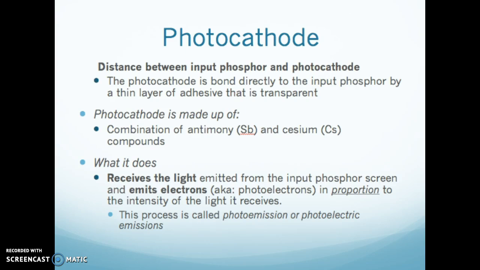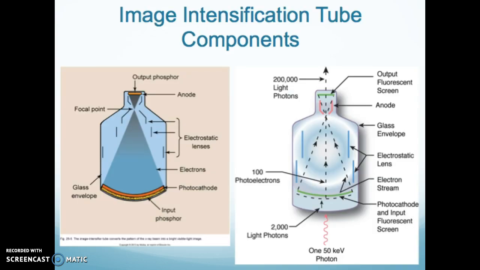What it does is it receives the light from the input phosphor and it emits electrons out. So photoelectrons is another name that we may use. It emits the electrons in proportion to the intensity of the light that it receives. This process is called photoemission or photoelectric emission.